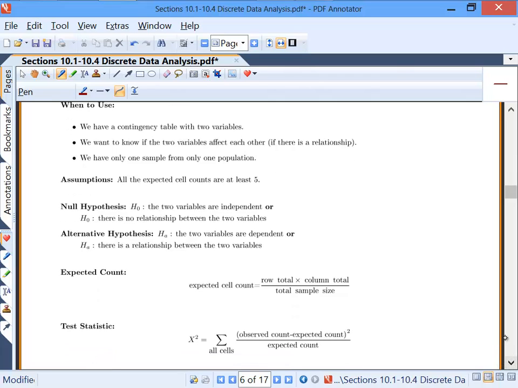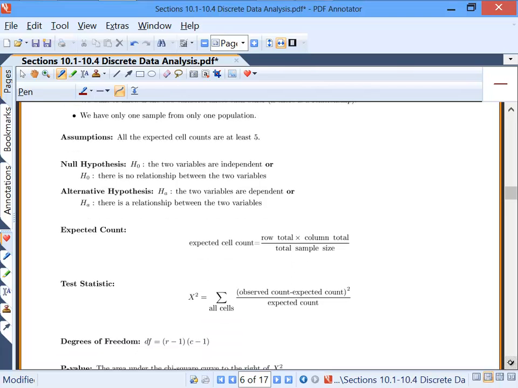Okay. Now your expected count is row total times column total divided by the total sample size. And your test statistic, once again, is observed minus expected squared divided by expected and add them all up. Okay. But notice your degrees of freedom are different here. So that's the biggest difference between the two tests, how you find the expected counts and how you find your degrees of freedom.